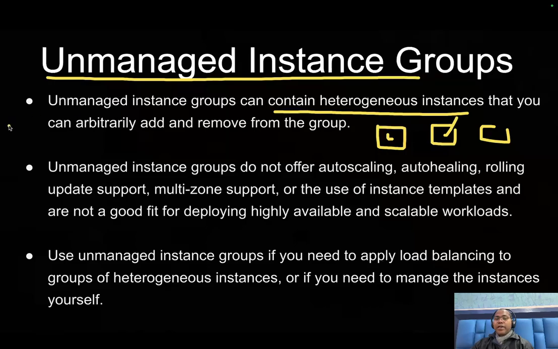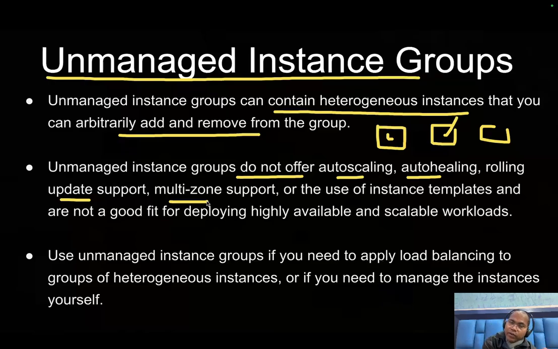And you can arbitrarily add or remove instances from the group. Unmanaged instance groups do not offer auto scaling, auto healing, rolling update, or multi-zone support. These are features which Google Cloud automatically offers in the case of a managed instance group, but in the case of unmanaged, they are not offered.